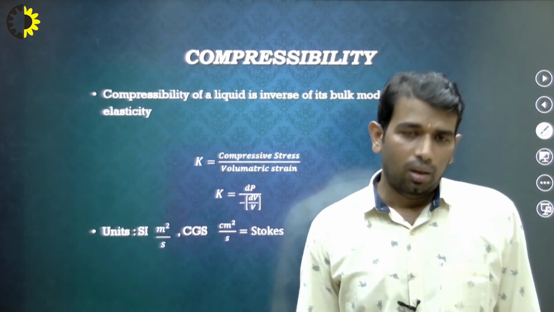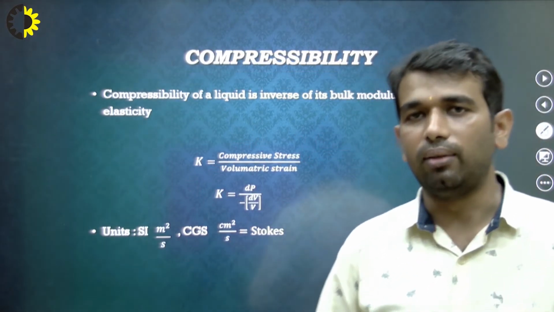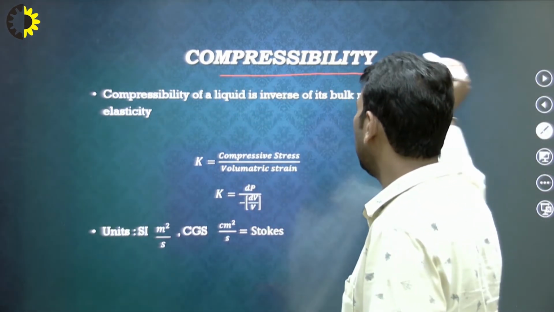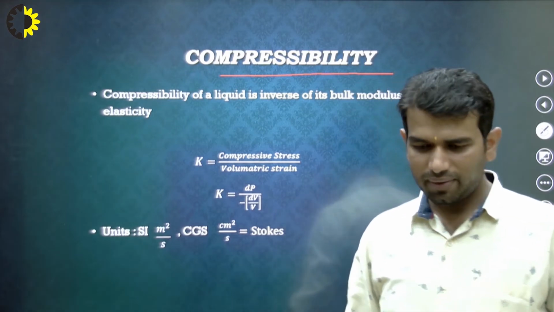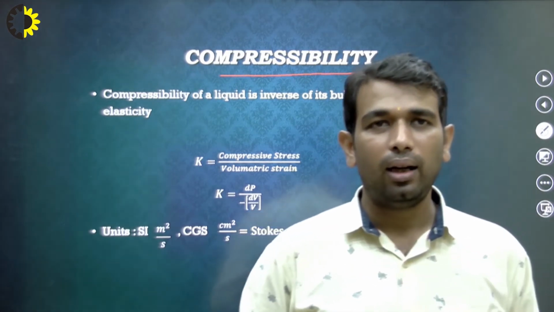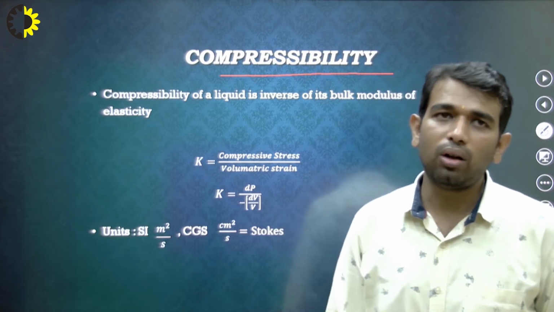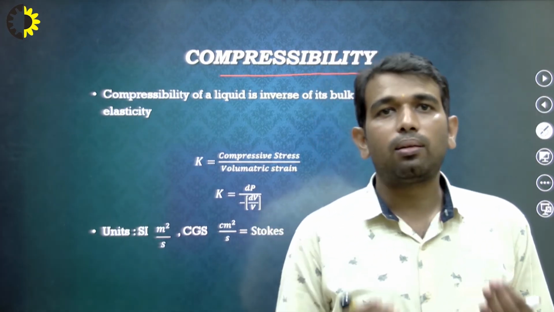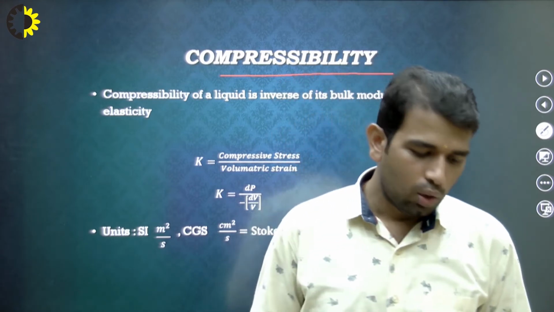So what is next? The next property of fluid is compressibility. Compressibility is just the reverse of the bulk modulus. In solid mechanics we have seen different types of modulus parameters: Young's modulus, modulus of rigidity, and the bulk modulus. So compressibility is the reciprocal of the bulk modulus. What is bulk modulus?